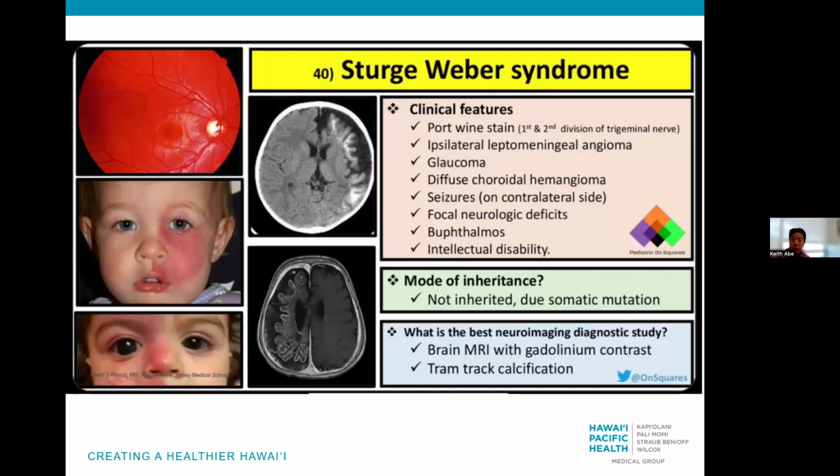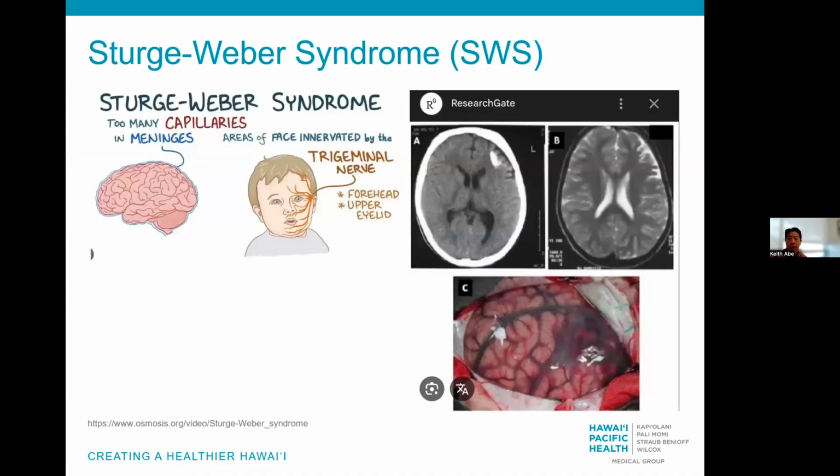And over the years, as opposed to the others, which are autosomal dominant with a 50% pass-on rate, this tends to be sporadic, due to a somatic mutation. They do have a much higher incidence of seizures and focal deficits, because often it's a stroke-like presentation with the part of the brain that's injured.